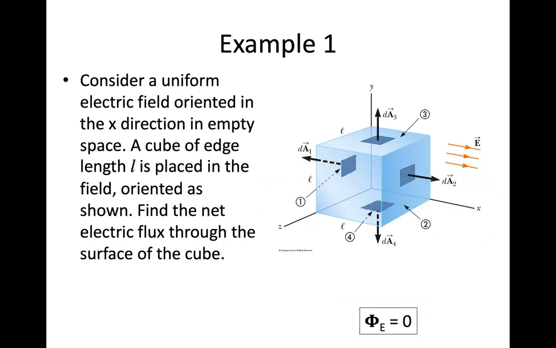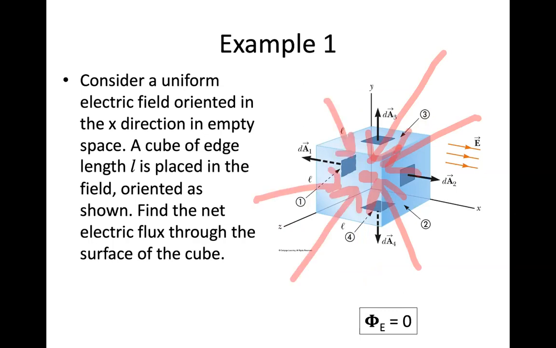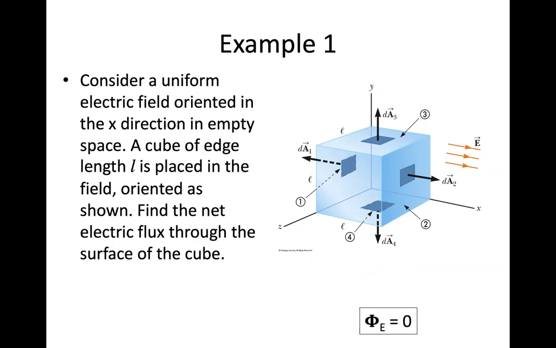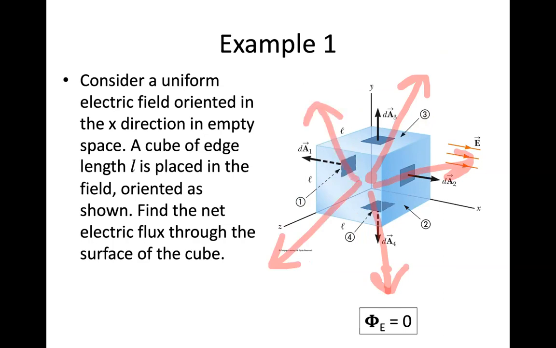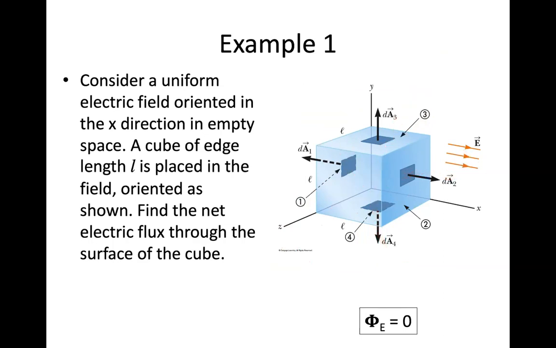Well, the electric field lines would have to originate from the inside and go out, or go radially inward, something like this. Then I would have, like in this case drawn here, a net influx of students. If there were electric field lines that left like this, there would be a net outflux of students. But in this case, there's a net zero. They all come in through this door, they all leave through that door, no one stays.